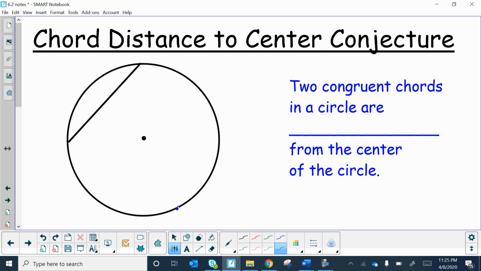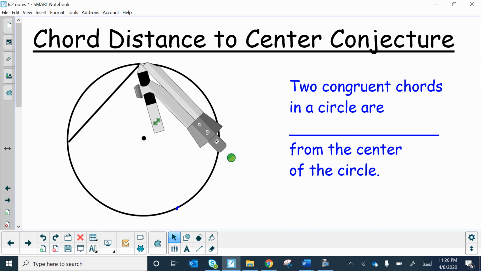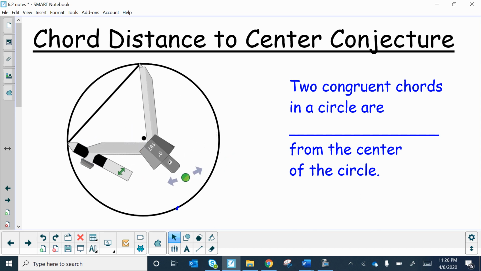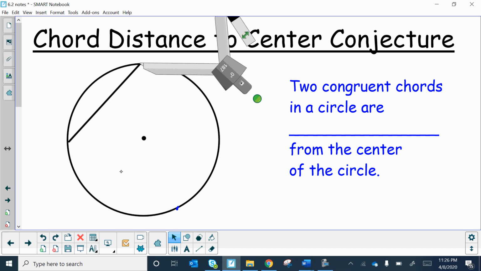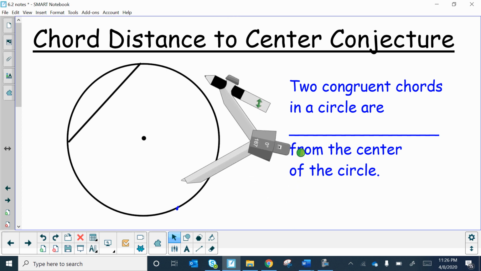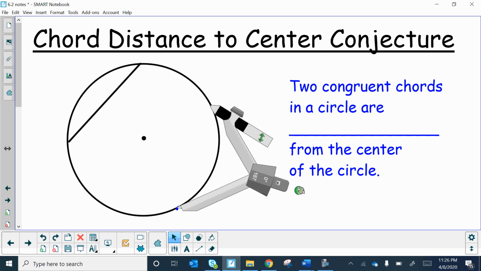And then we need to get our compass, or you can use the centimeters on your ruler. Okay, because you want to make congruent chords. So I like to measure that right there. Come over here. And make an arc over here.